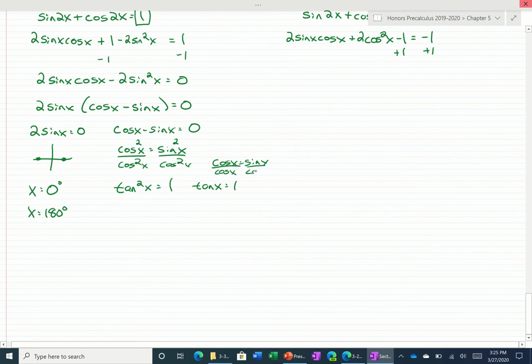So I hope you guys could see that if you just divide by cosine here, you would just get tangent of x is equal to 1. But if you square both sides, then you get tangent of x is equal to positive 1 and tangent of x is equal to negative 1. So you really have to be careful when you're dividing by a trig function with x in it.